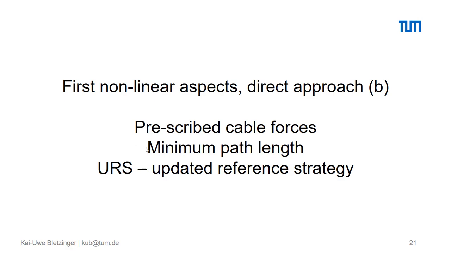These are nets where everywhere we have the same cable force. These kinds of problems, however, are problematic. It appears that the equation systems are singular or kinematic, and we can solve this problem by applying the updated reference strategy.